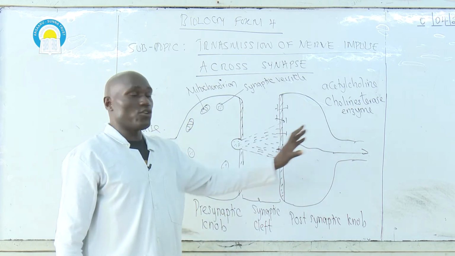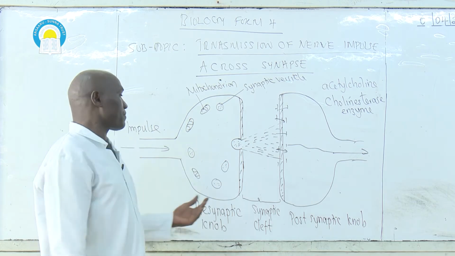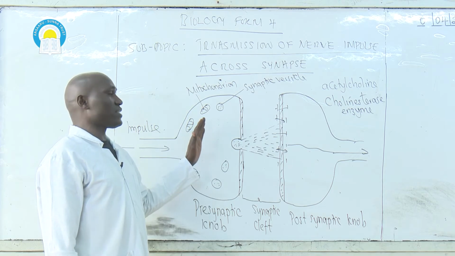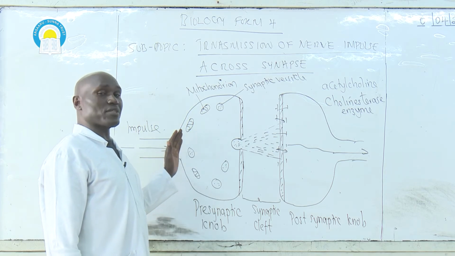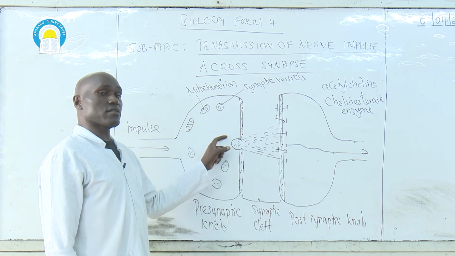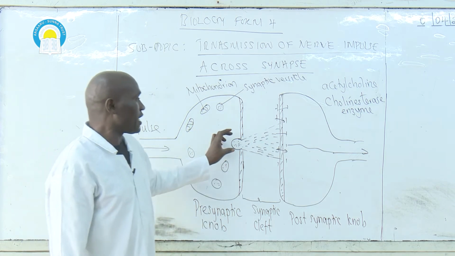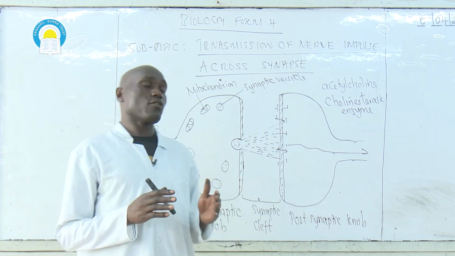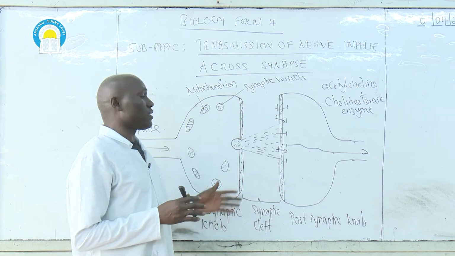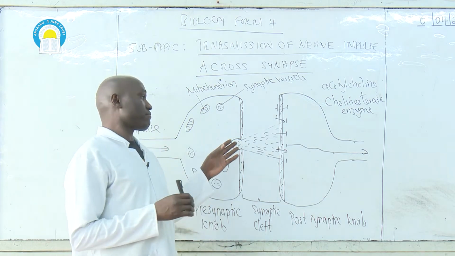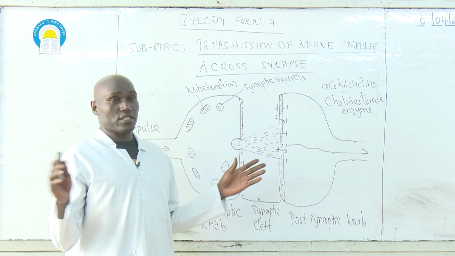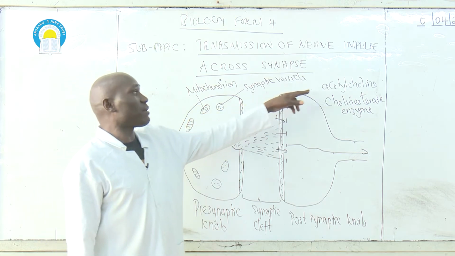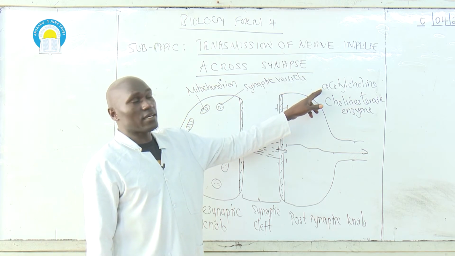the adjacent neuron. So in simple terms, the nerve impulse within presynaptic knob has brought about activation of one of the synaptic vesicles, which has moved and attached itself onto presynaptic membrane. After the attachment, the synaptic vesicle ruptures. As we had said before, synaptic vesicle contains a chemical substance called acetylcholine.